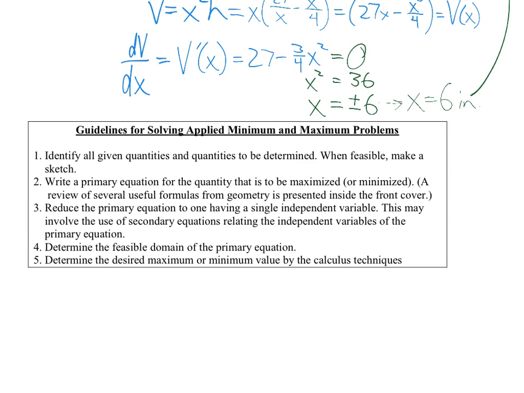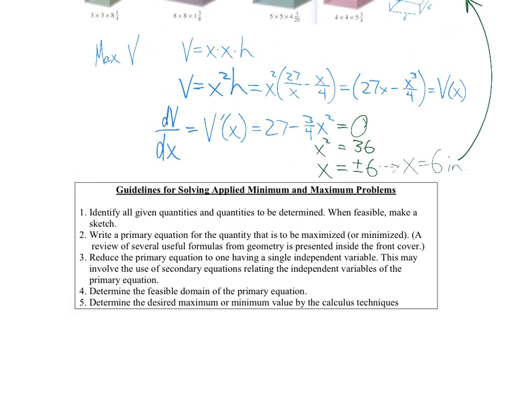You've got geometry formulas. That's where we had V equals x squared times h. Then you need to get that primary equation down to where it's in terms of only one variable. Theoretically, we could have made this V as a function of h, but that would have been annoying to work with. So try to do it the best you can with the simplest way possible.